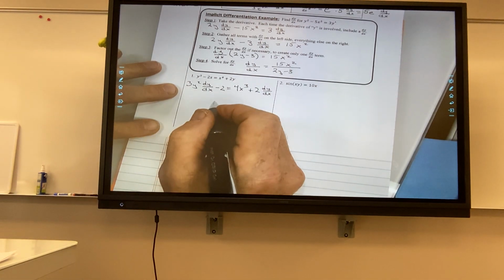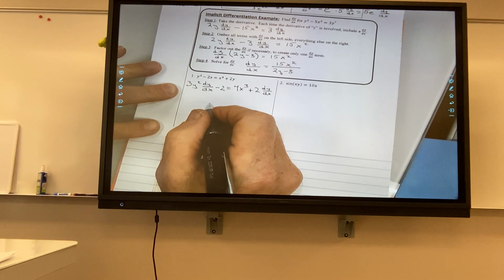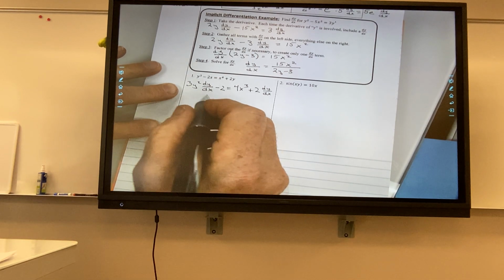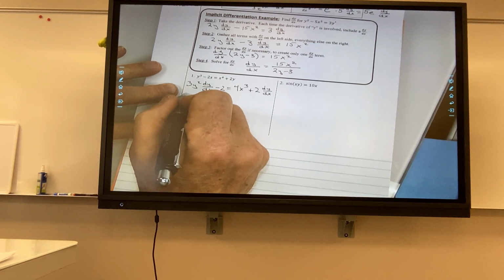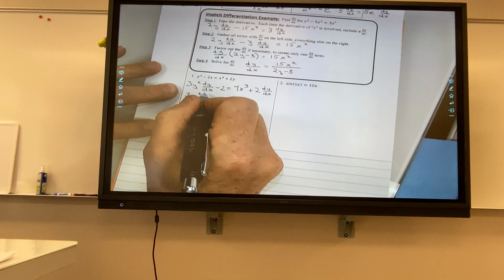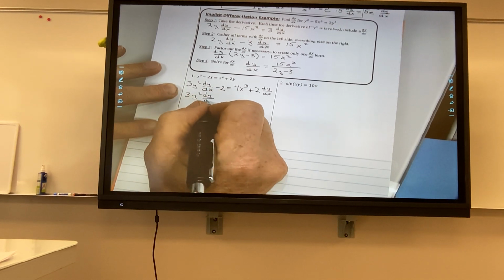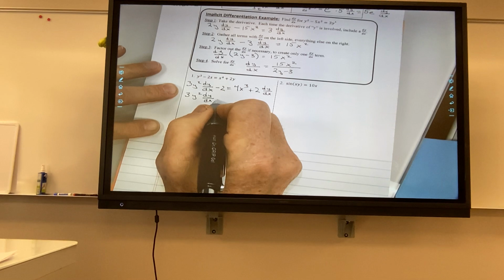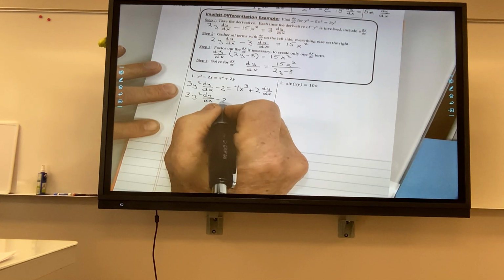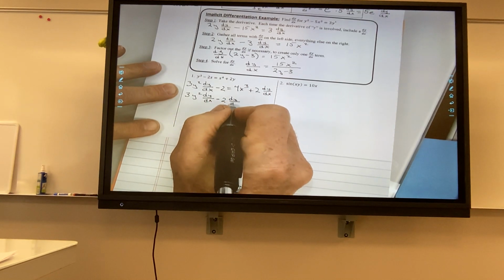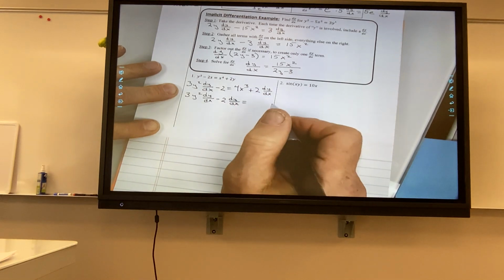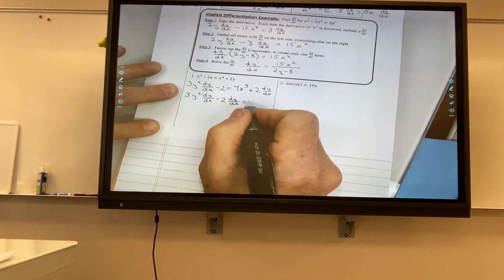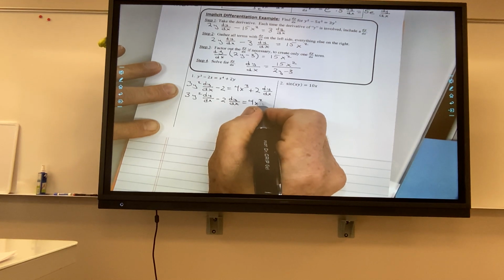Ariana, next step is to do what? So this will be 3y squared dy dx, followed by what? Equals what? 4x cubed plus 2.